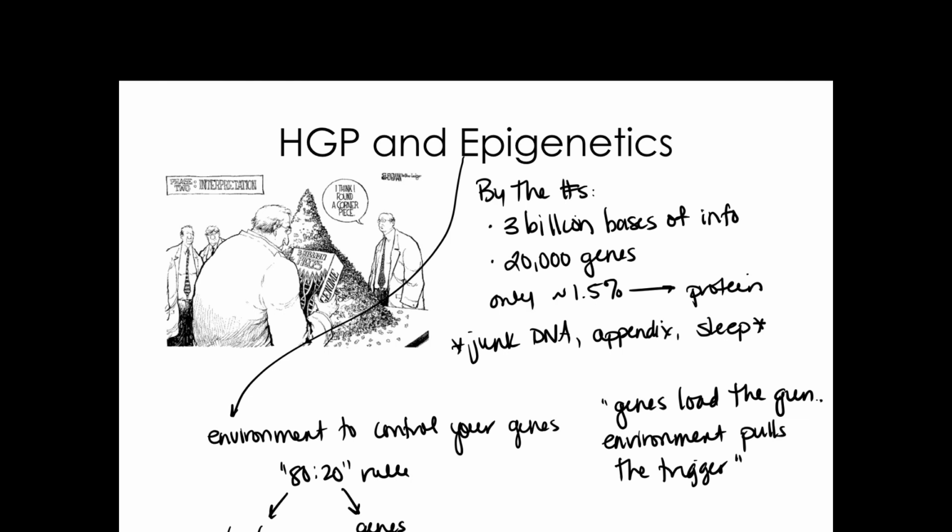So there's a lot of DNA there that's really not doing anything in terms of being translated. And again, we used to call that junk DNA, but we realize it really does serve a purpose, just like your appendix does and just like sleep does. Things that appear to have no known function on the surface probably are really important.